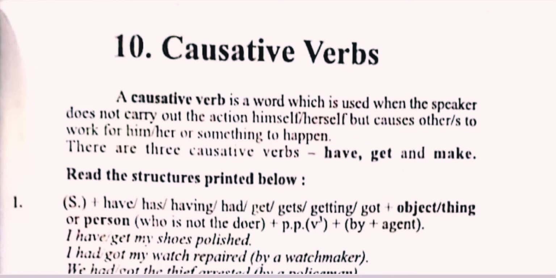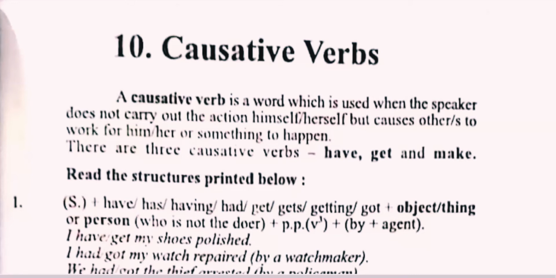Okay. Here, in active voice, the subject himself, the speaker himself, or the doer of action himself does something. Here, doer of action means agent, but here it is the subject.